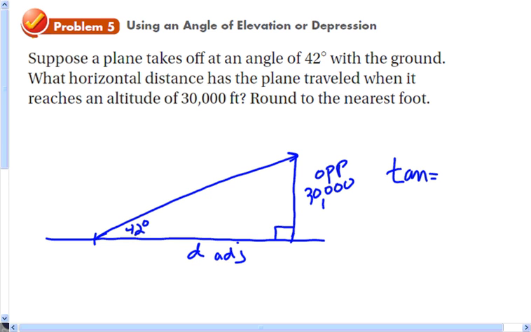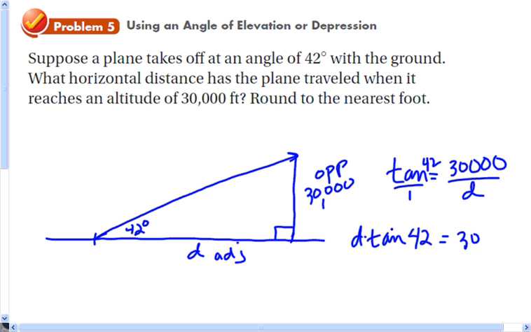And tangent is opposite over adjacent, which is 30,000 over D. So using our cross products property, we get D times the tangent of 42. Oops, I forgot my 42 in there. D times the tangent of 42 is equal to 30,000. So D is equal to 30,000 divided by the tangent of 42.